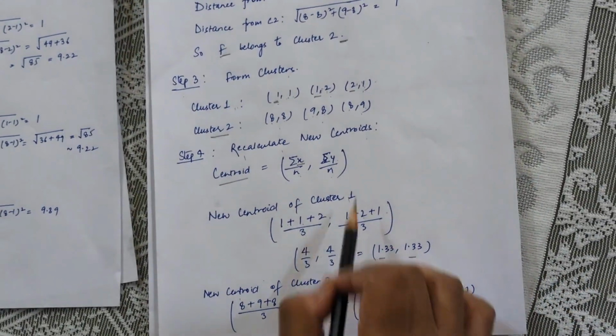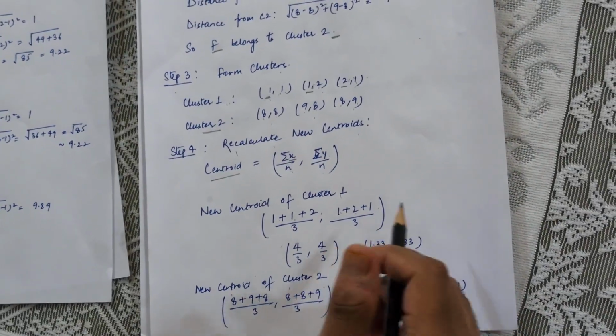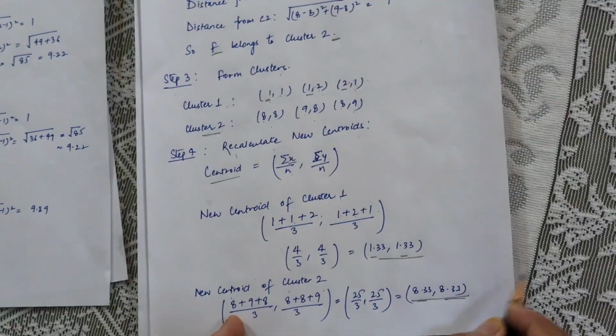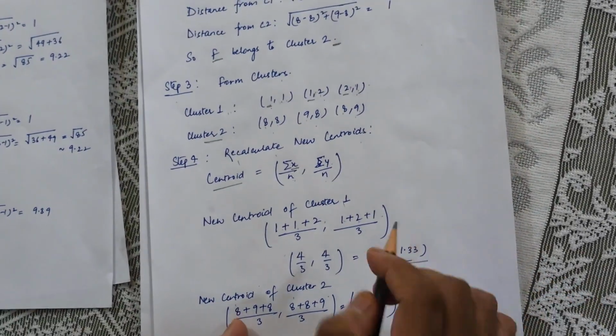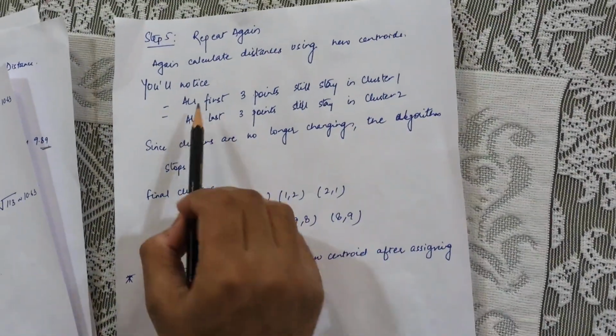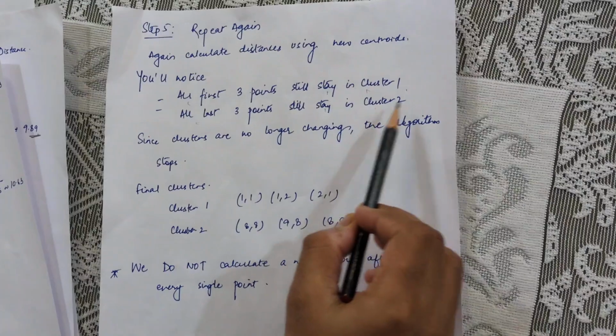Once you have calculated the new centroids, you again repeat the process of calculating the distance of every point from these centroids using the Euclidean formula, and see if each point falls in cluster 1 or cluster 2. If you do this, you will see that the first 3 points still stay in cluster 1 and the last 3 points still stay in cluster 2.